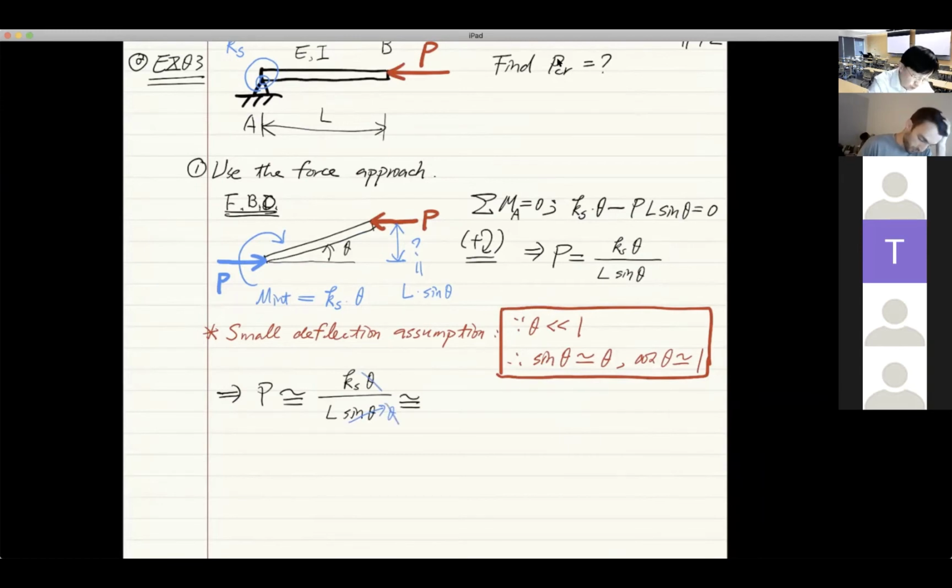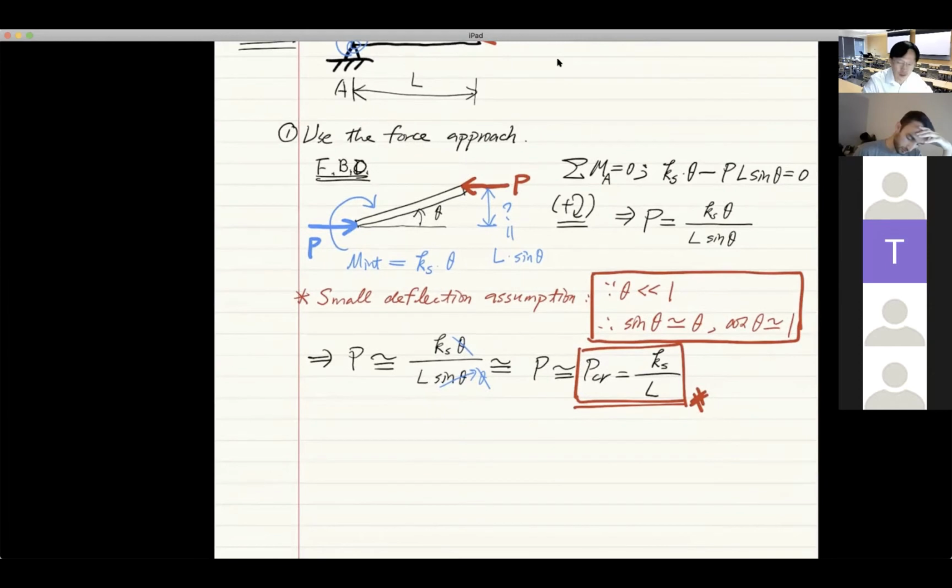So in this case, the critical load will be approximated to Ks over L. This is the critical load for the problem. But keep in mind that it is only approximated, because we let sine theta be approximated to theta.